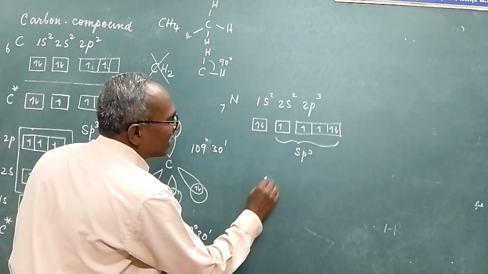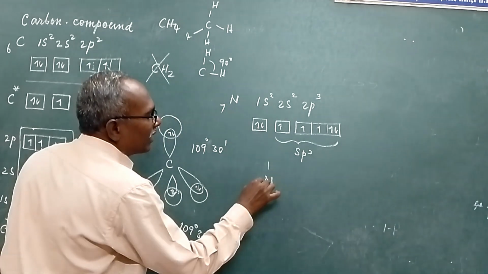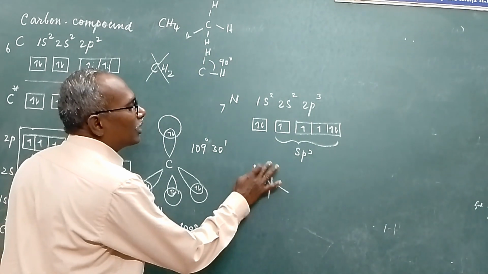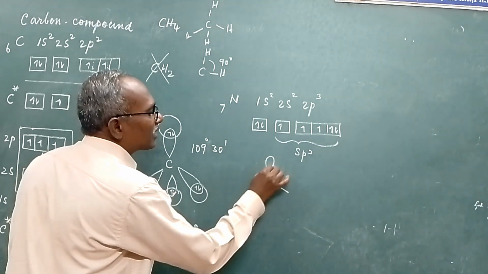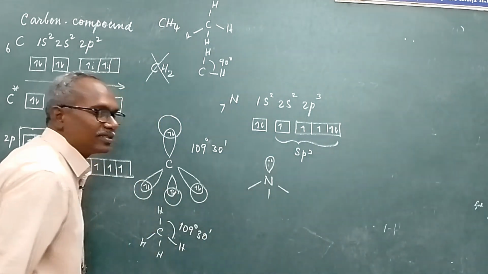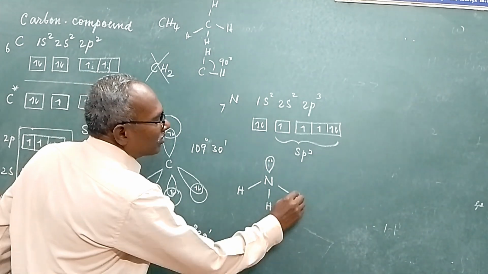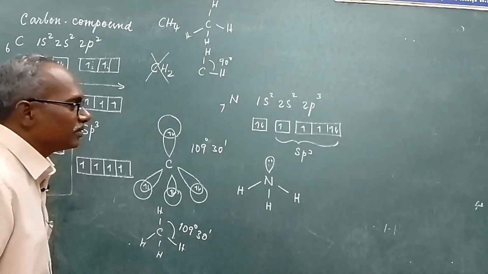So in ammonia, again the tetrahedral structure is formed, but in one of the vertices of the tetrahedron, the lone pair is present, and the remaining form covalent bonds with hydrogen.